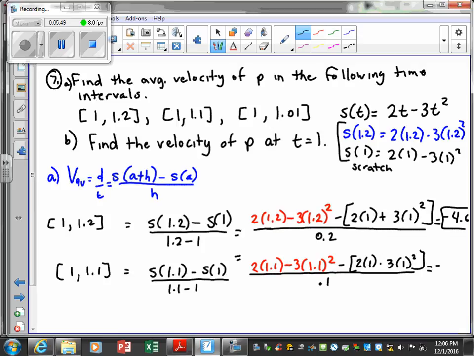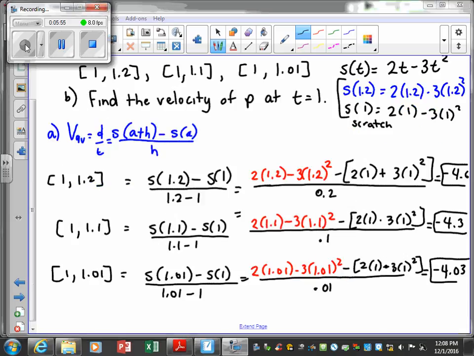And we get negative 4.3. Okay, and likewise on this last one we evaluate, we'll get negative 4.03. And so that's part A. That's with different time intervals, and given this function, we can calculate the average velocity.